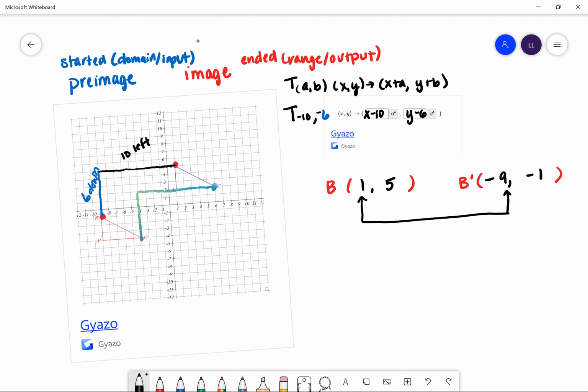It went from +1 to -9, so that means it went to the left 10 units. We can see that on the number line. Now let's look at the y coordinates. The y coordinate here is +5, and that's -1. So once again, I was positive and then I became negative, so I traveled a total of 6 units down. So you could tell from the coordinates how the image was moved as well.